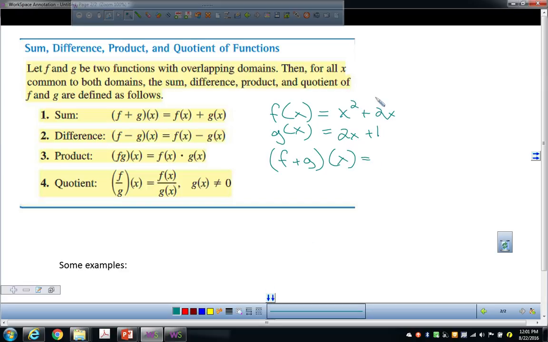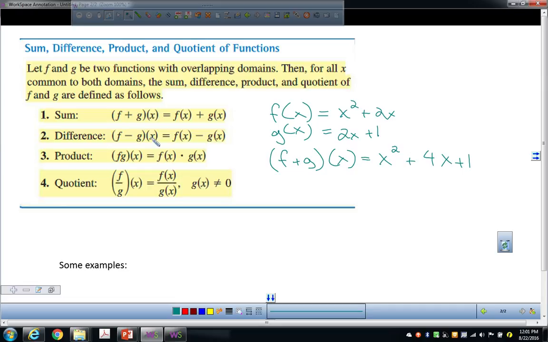So what's f plus g of x? Combine the like terms. What do you get? You have 1x squared, and how many x's do I have altogether? 4x plus 1. That's it. Easy enough? All right, you've done that before.